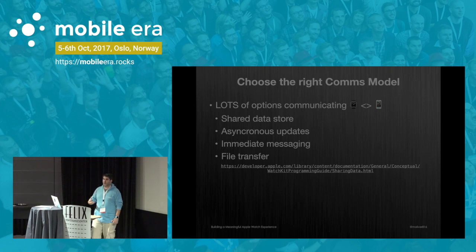I would just encourage you to know all the different things that you can do to communicate. So it could be something as simple as a shared data store between your iPhone app and your watch app. That could be just a shared key value pair data store, or it could be something more complex like file structures, and I believe you can even do Core Data. I'm not a Core Data guy.